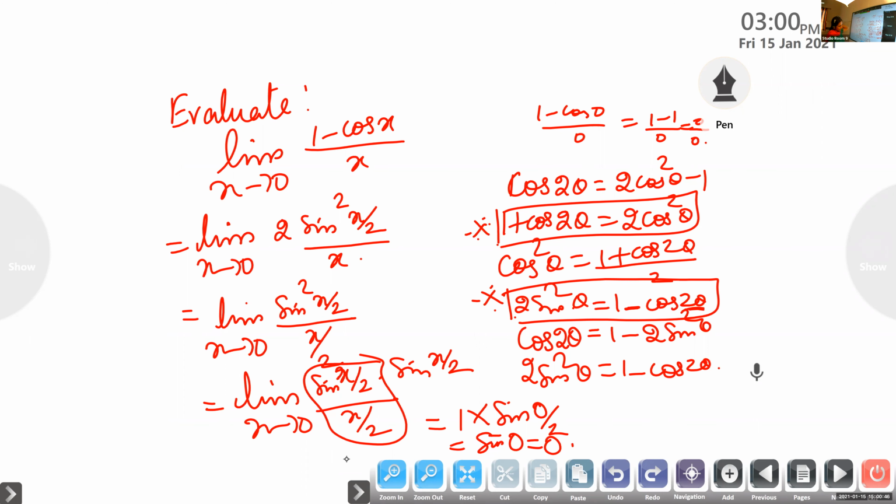By simplifying, we are converting that into 0. By applying the identity, we are removing that indeterminate form. And we are getting the answer as 0. Okay, so limit x tending to 0, 1 minus cos x by x is 0.